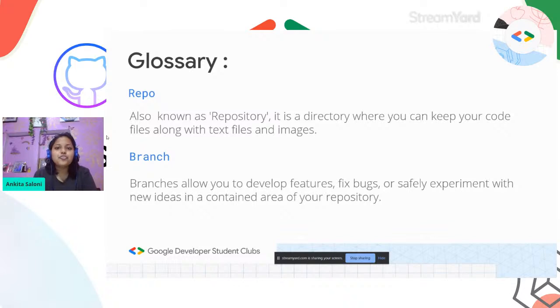You are free to experiment safely because any changes that you make in the branch won't affect the main code. They won't affect the entire workflow of the system until and unless they are merged together. So if you feel that it's working fine, there have been no bugs, you can safely merge it. Otherwise, just let it be.